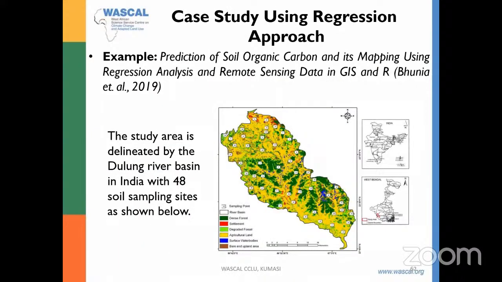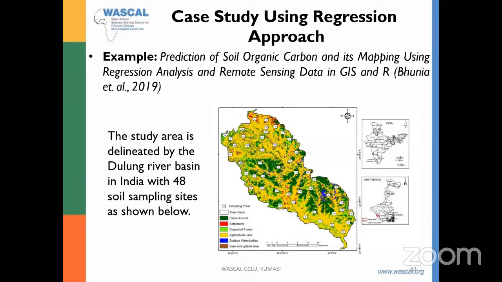So let's quickly look at a case study which uses a regression approach in estimation of soil organic carbon using remote sensing and GIS data. And this study leveraged R programming for the analysis. First, we talk about delineating or assessing the boundary.